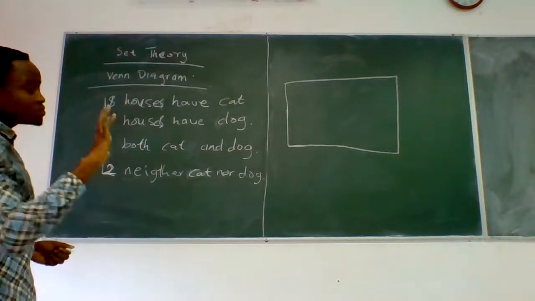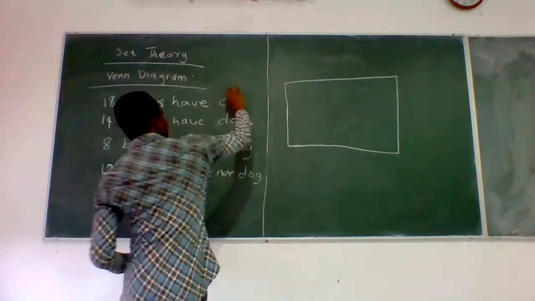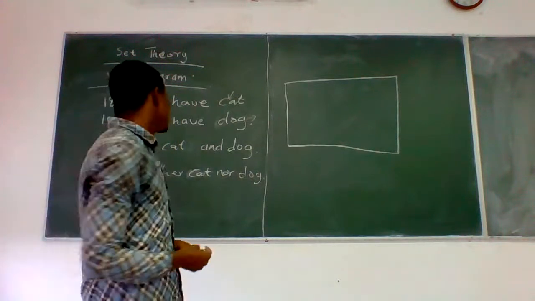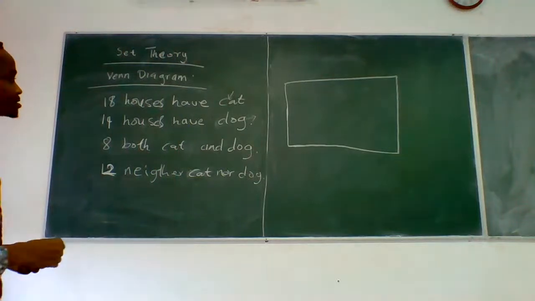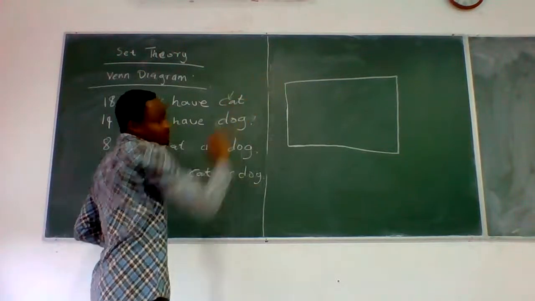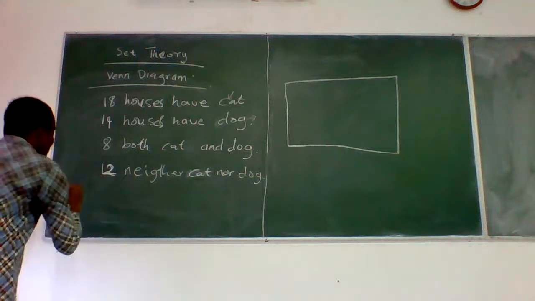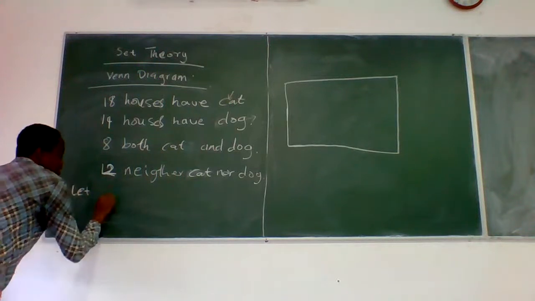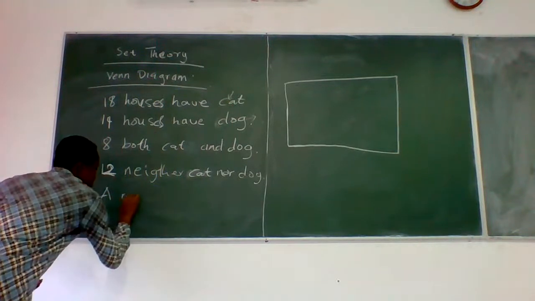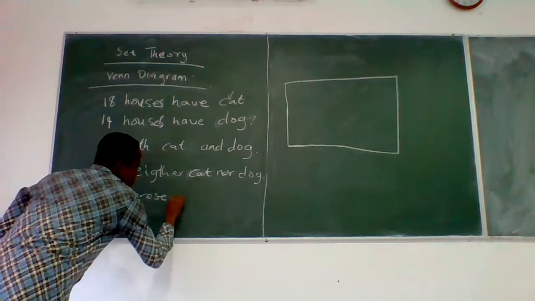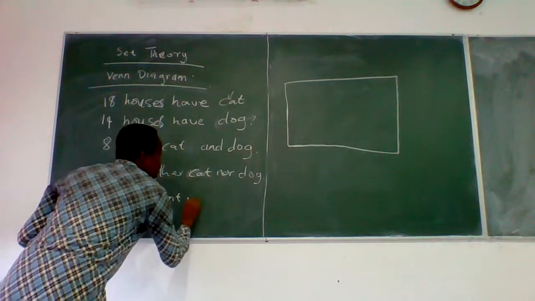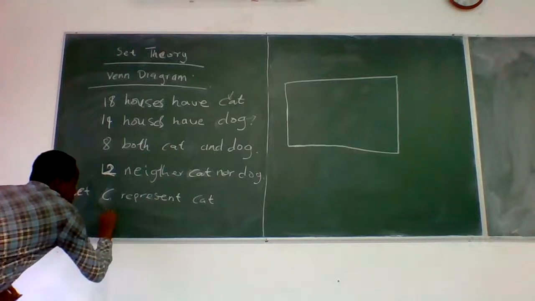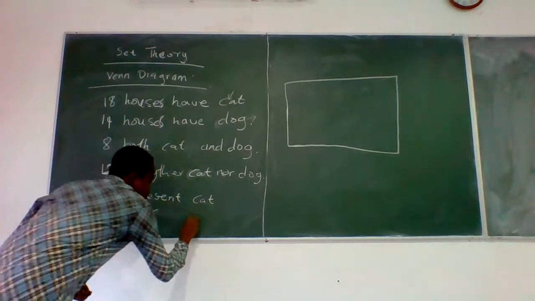And then we have two main classes: a set for cats and a set for dogs. We represent those with variables so that we will not be writing dog, cat repeatedly. So let C represent cats, and D represents dog.